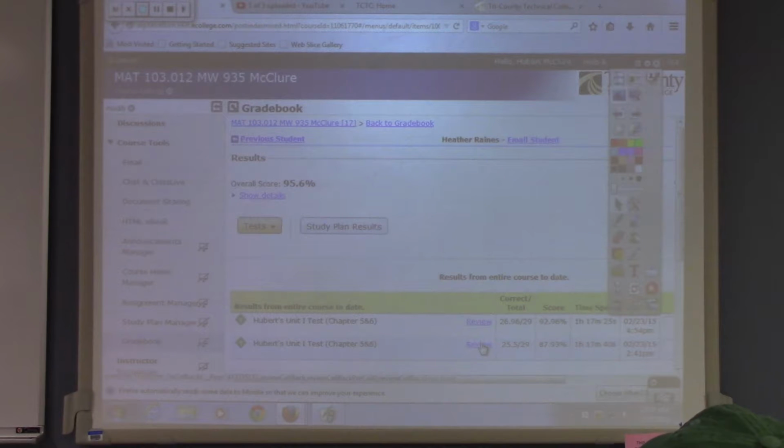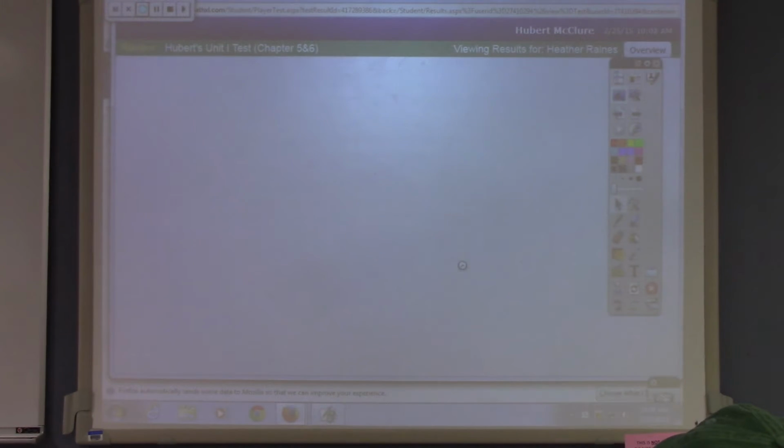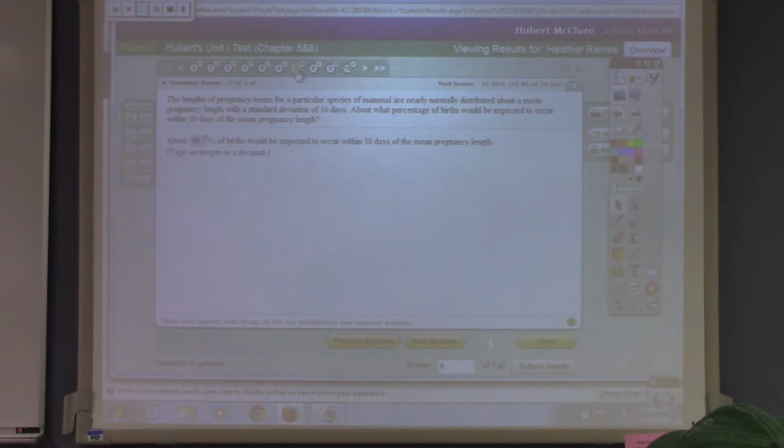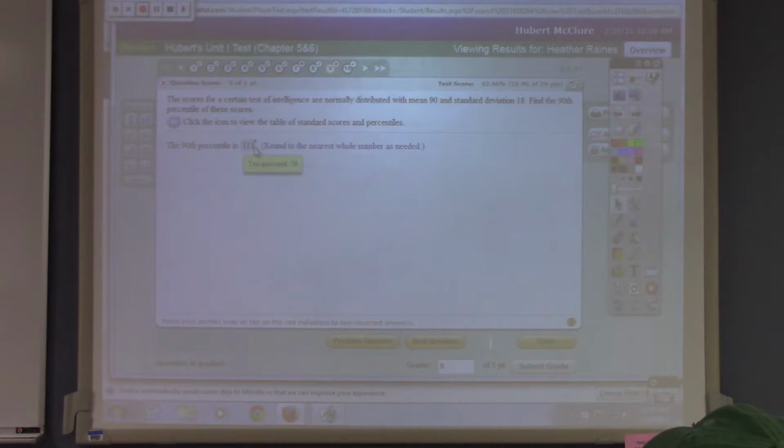The first test or the second test you took? It's the second one. What number? It's either 7 or 9. Oh, I put 100 for that, and it was supposed to be 99.7. Yeah. I think it was 9. Do you understand why? Yeah. We did that one in class. Is this the one you're talking about? Yeah. Okay, let's do this one.